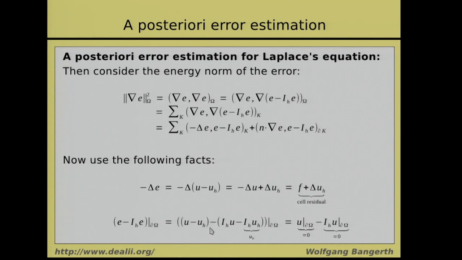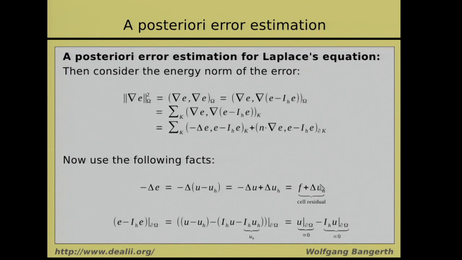So I have U minus UH minus IHU plus UH, so the UH's cancel, okay? And then if I restrict this to the boundary, then I have U on the boundary, which I have assumed is 0. That's my boundary values for the equation that I wanted to solve. And of course, if I interpolate on the boundary something that is 0, I'm going to get 0 as well.